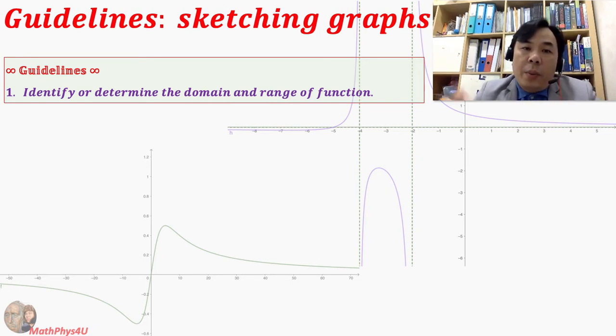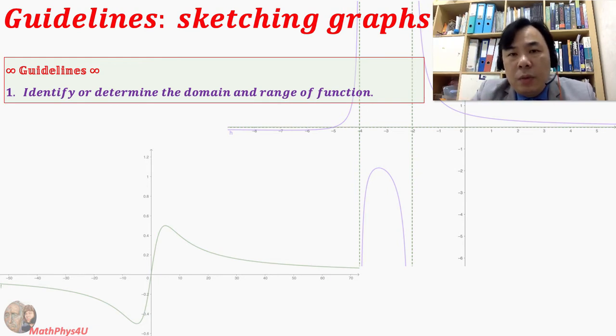Usually the domain is given, and the range usually is not given. So we might want to either sketch the graph and then determine the range from the graph that you have sketched, or use calculus, or use the discriminant.